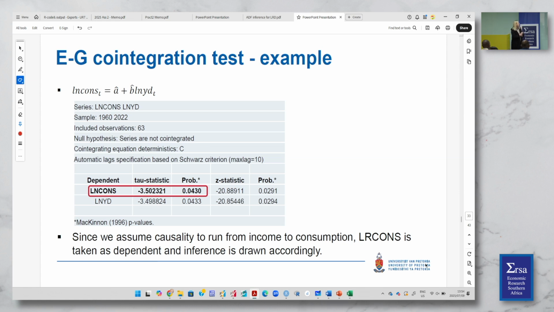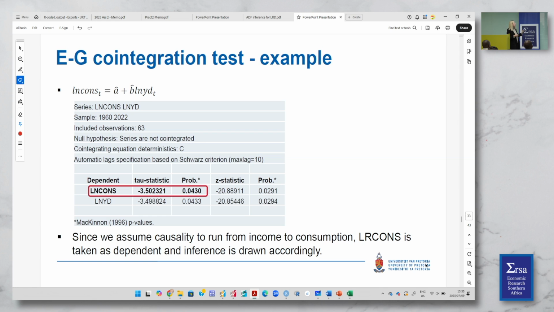But in an example that I'll show you just now for money, if you have money as a function of income and interest rate, you get different results if you put money on the left-hand side versus income or interest rates. So when you write this up, this is all that you need to report. We don't need to start arguing what's the case when income is a function of consumption.